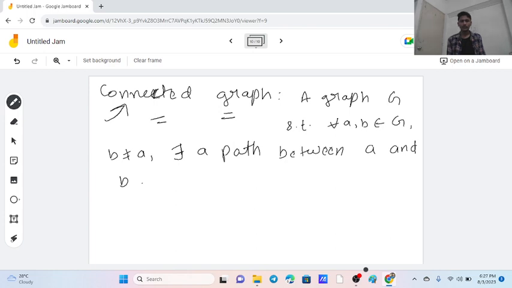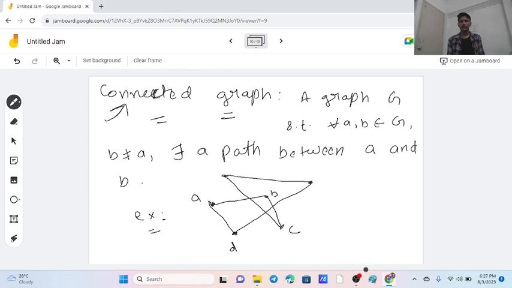Okay, so let's see an example of a connected graph. Take vertices A, B, C, D, E, and F. Here we can see that A and F are connected through a path which is A, D, and F. So you can see that any two vertices will contain a path.